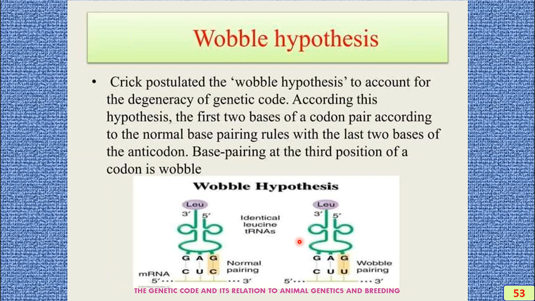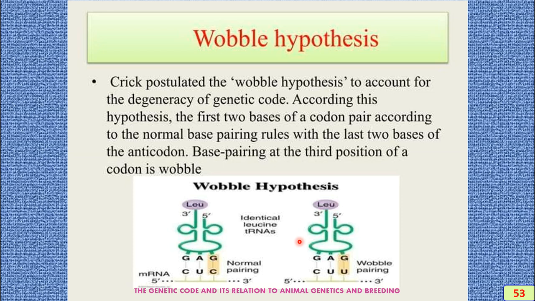Then the wobble hypothesis. Crick postulated the wobble hypothesis to account for the degeneracy of the genetic code. According to this hypothesis, the first two bases of the codon pair according to the normal base pairing rules with the anticodon, and base pairing at the third position of the codon is a wobble.